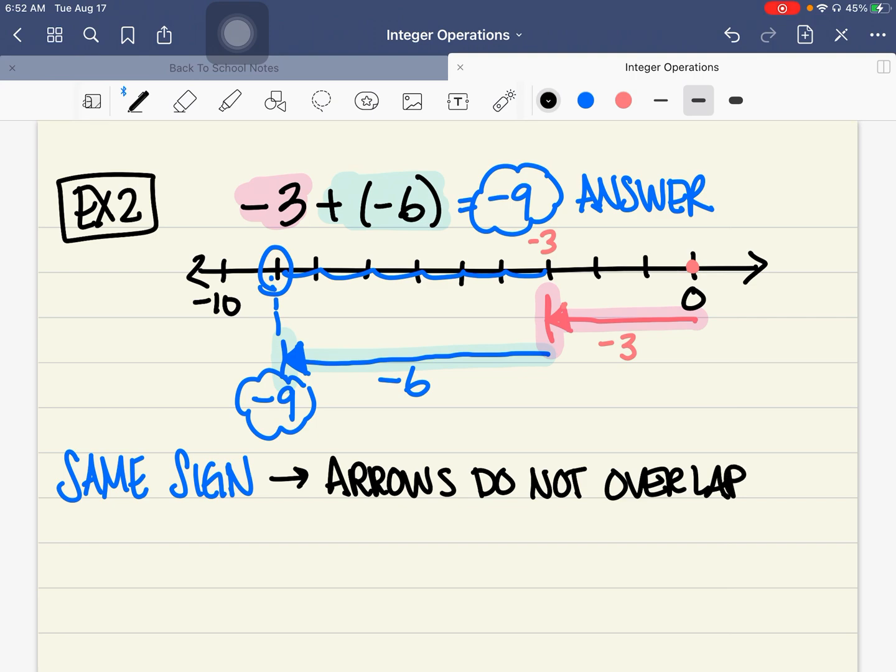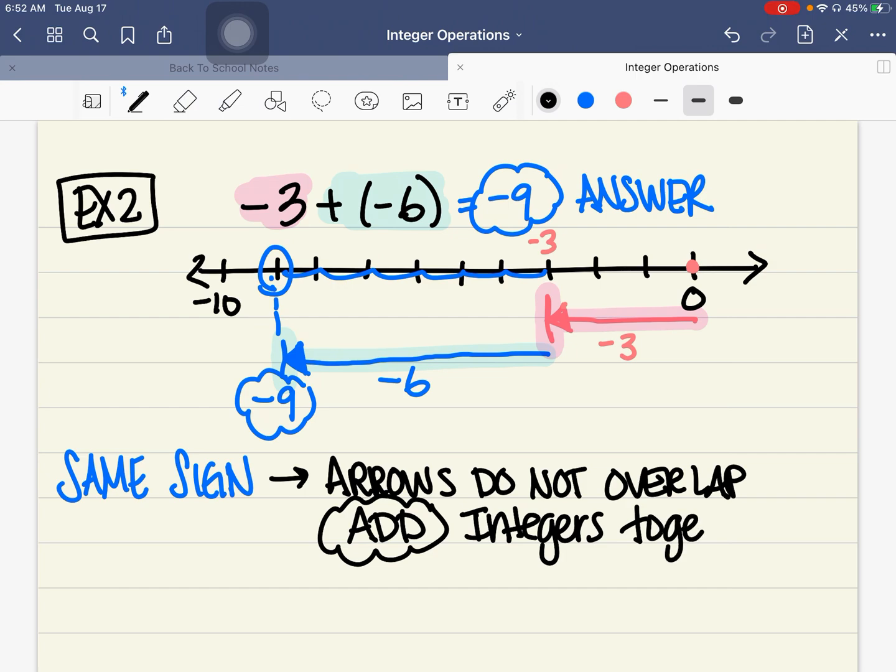And when they don't overlap, we add our integers together. And then we're still going to use the sign of whatever is the biggest arrow. But if you can see, we just have negatives and more negatives. It's just going to give me a bigger negative number. So if they're the same sign, we add them because the arrows don't overlap.